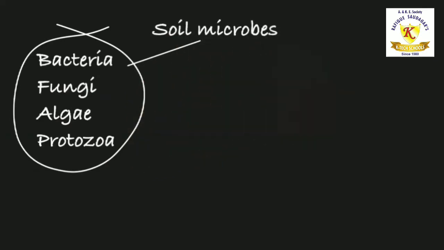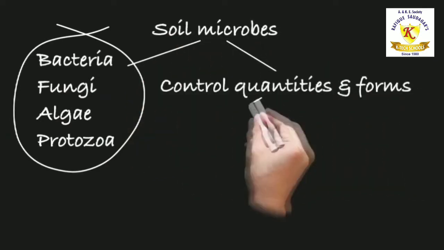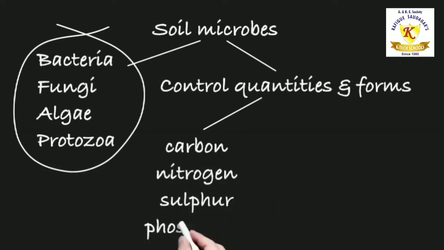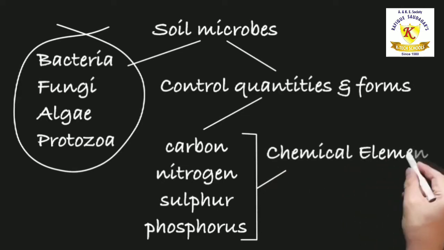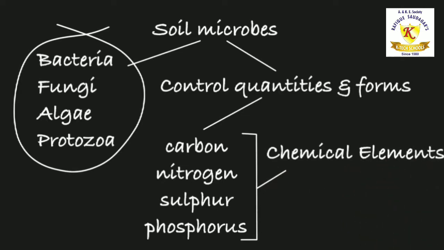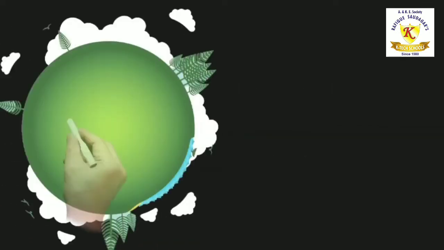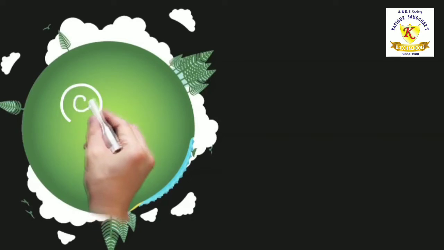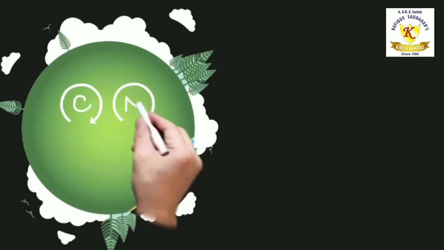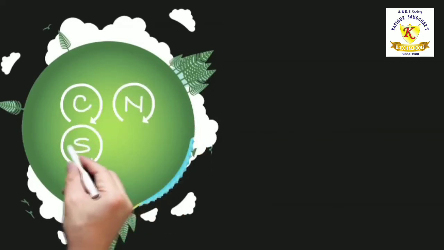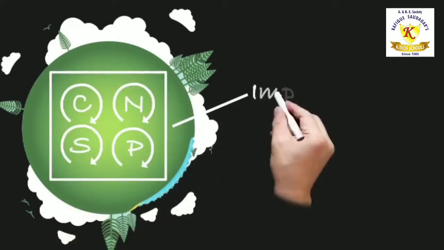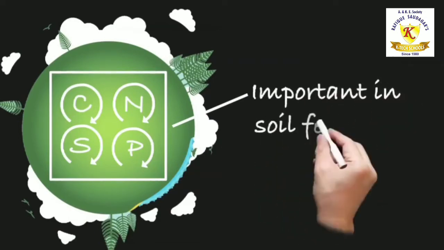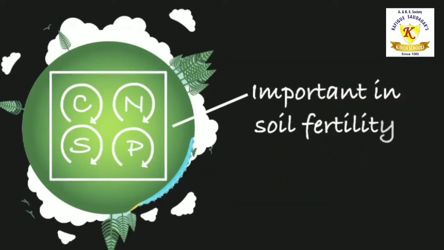Soil microbes have influence in controlling the quantities and forms of various chemical elements which are found in the soil. Most notable are the cycles of carbon, nitrogen, sulfur, and phosphorus, all of which are elements important in soil fertility.